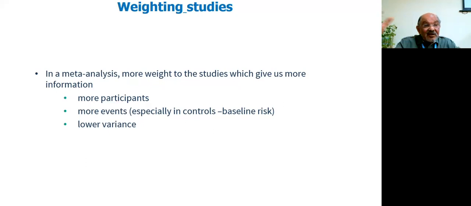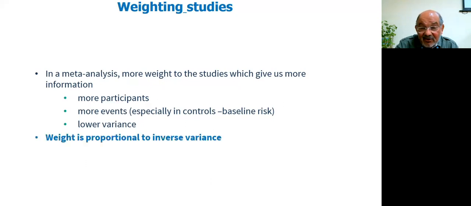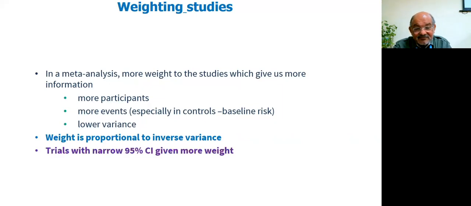Automatically, the variance will come down. Right? And I would like you to remember that weight is proportional to the inverse of the variance. So if you've got a wide variance, you get less weight. If you've got narrow variance, you get more weight. And since the variance is used to calculate your confidence intervals, you can think of it as narrow confidence interval, more weight. Wide confidence interval, less weight. Right?